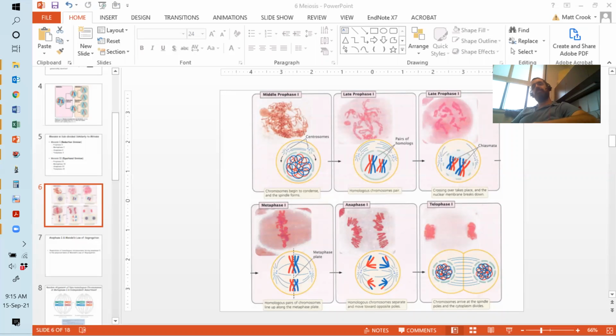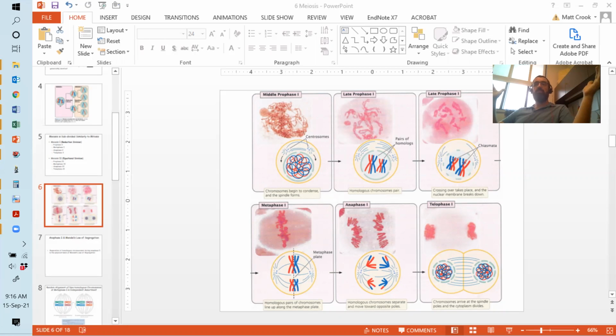And essentially, it's kind of hard to present it visually, right? This image is actually, in some ways, a good one. In some ways, it's not ideal. It's hard to find exactly what you want. So recombination is a process that begins right at the beginning of prophase and has ended by the end of prophase.